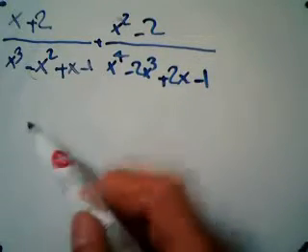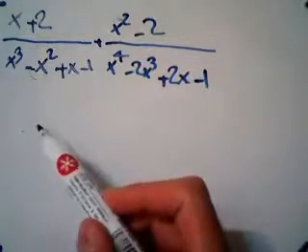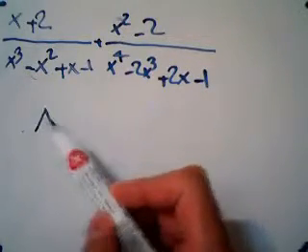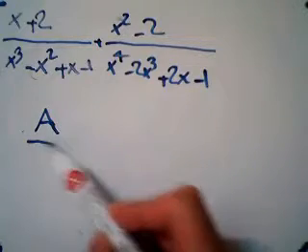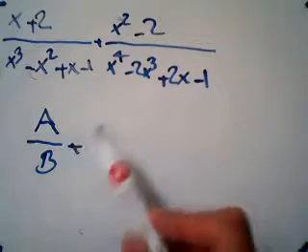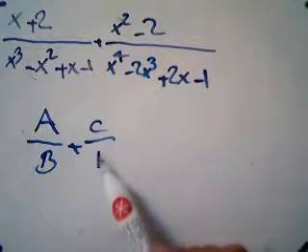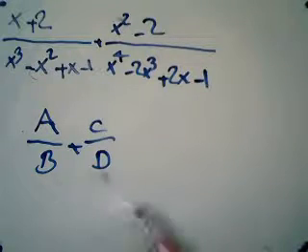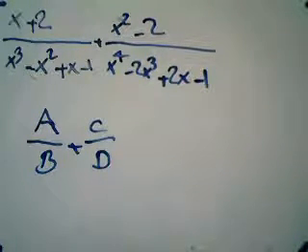Now let me explain it for two general fractions, a over b plus c over d, where at least b and d are polynomials.